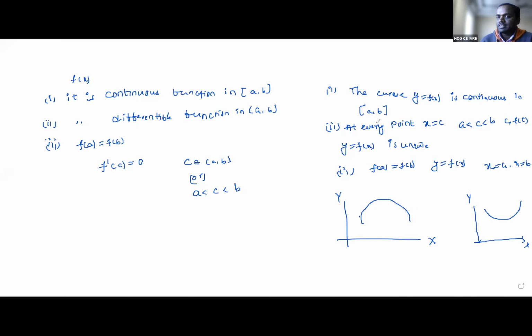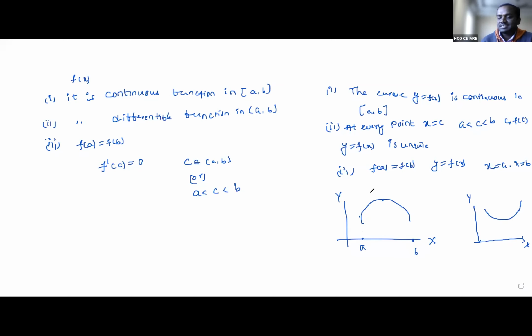At every point x is equal to c, we take some point. This is A and this is B.